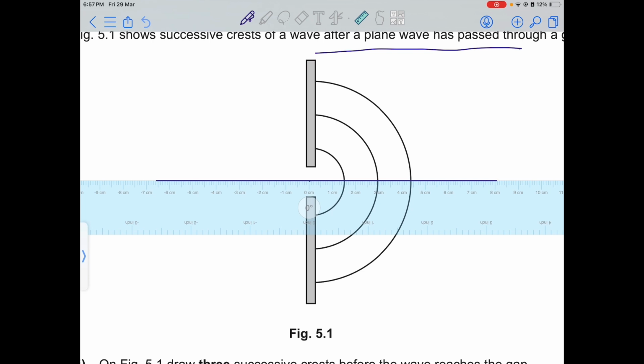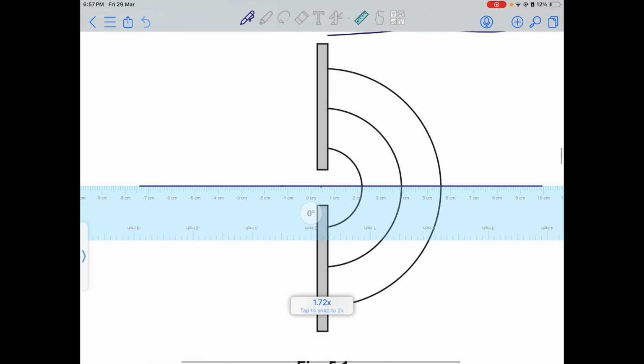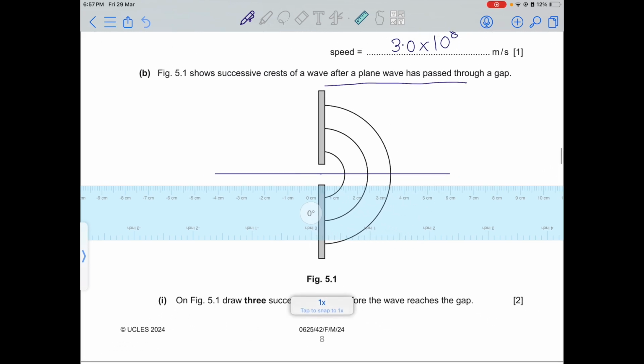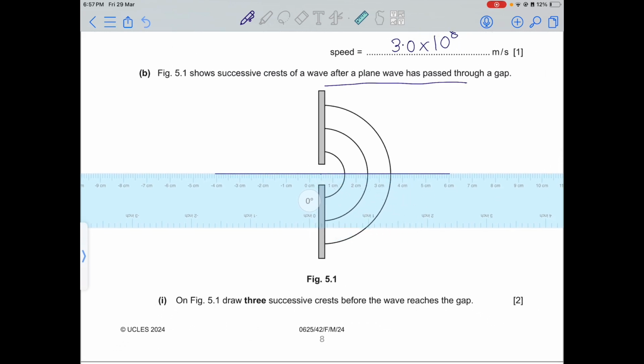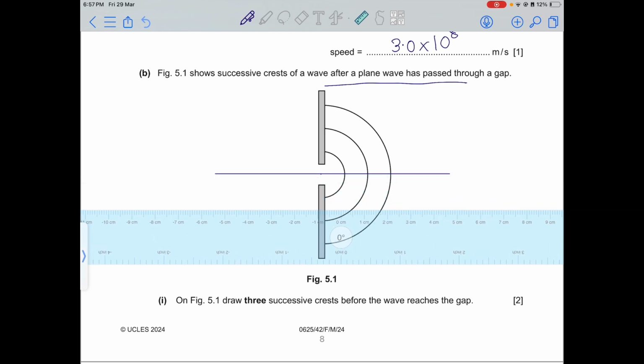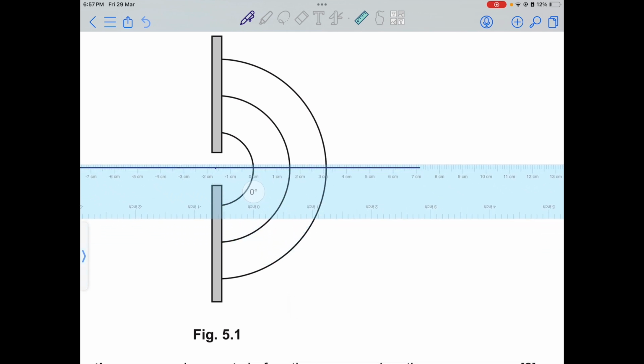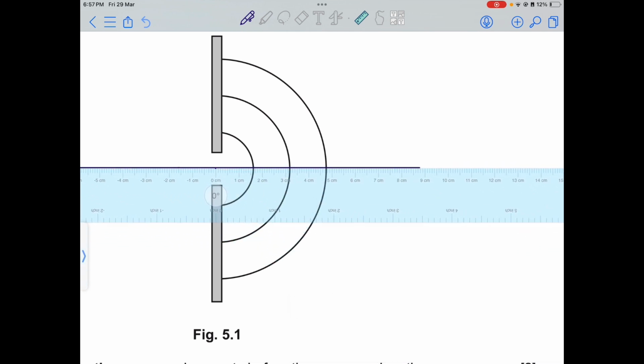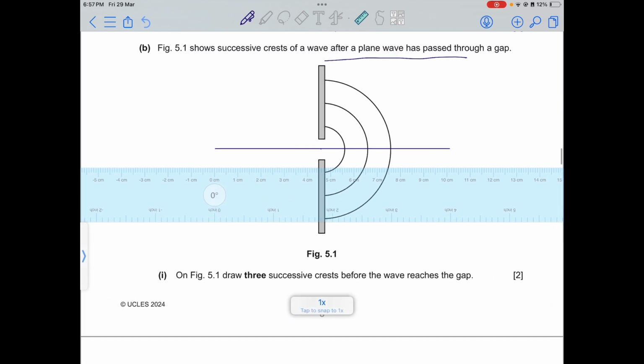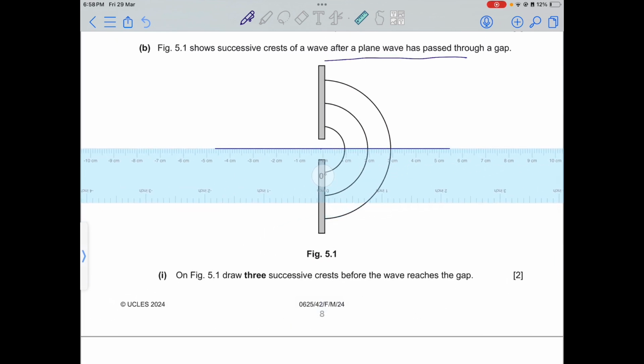Why is this not working? Did I mess up here? Just hold on, guys. So yeah, first things first, you calculate the distance, which is, why did I zoom in here? I see it this way, it's better.